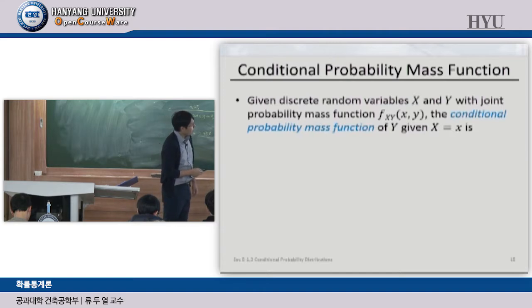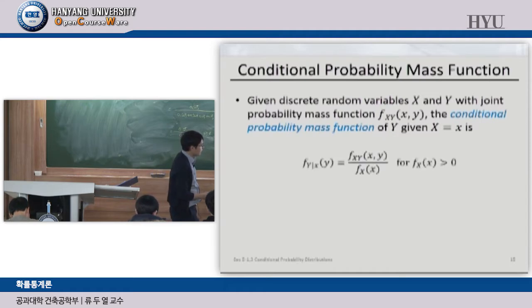Given discrete random variables x and y with joint probability mass function fxy(x, y), the conditional probability mass function of y given x when x is equal to small x is given by this equation. And as I mentioned in the previous slide, this is the joint probability mass function, right? And this is the marginal probability mass function. And this is the conditional probability mass function, okay?